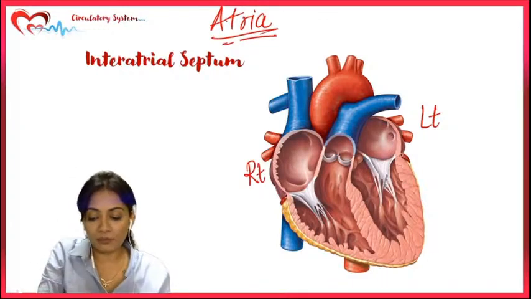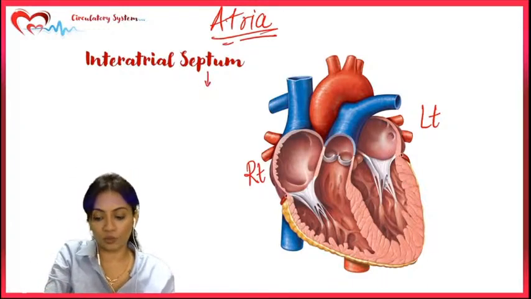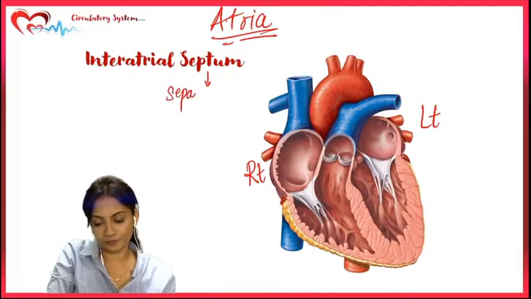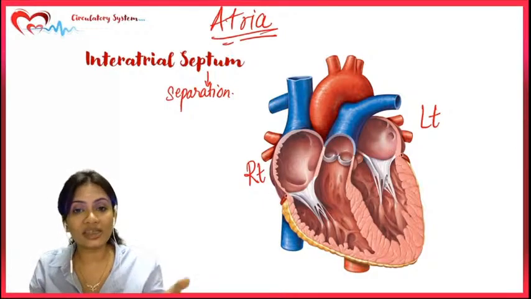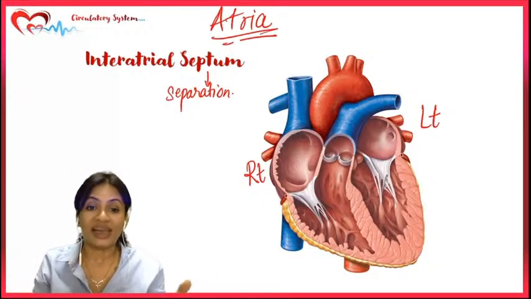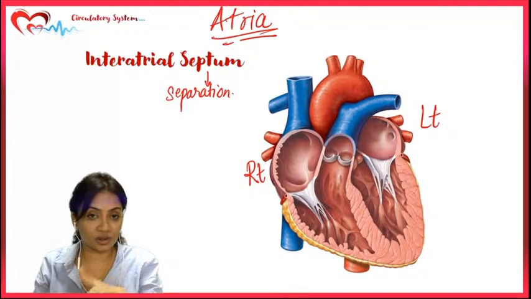What is septum? Septum is just another word for separation. This is a separation between the 2 atria. Because it is between 2 atria, it is called the interatrial septum.